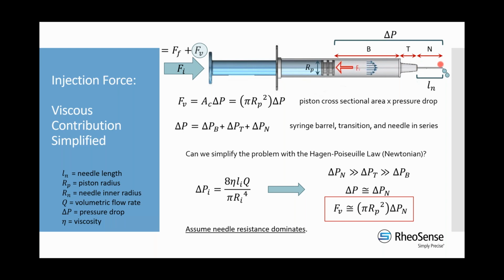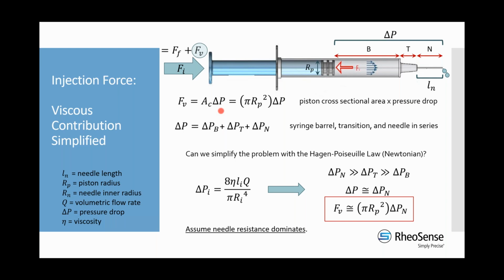We don't want to do an analysis of each section, so on this slide we're asking whether we can simplify and zoom in on what's most important. The force we need to apply to the piston, this viscous contribution to the injection force, is the cross-sectional area of the piston times the pressure drop across the channel, or the flow path, if you will.